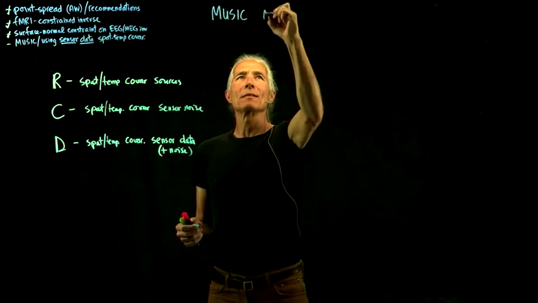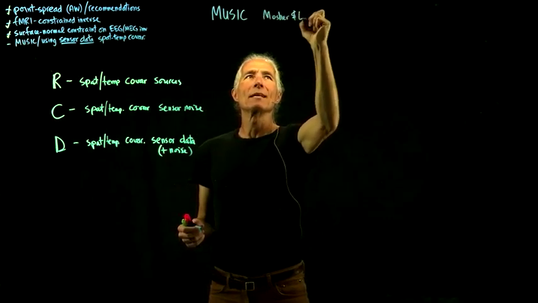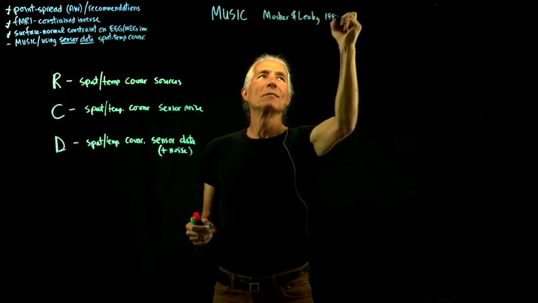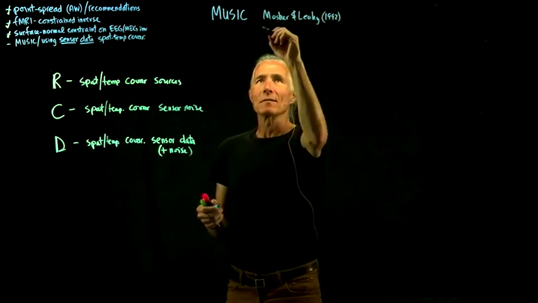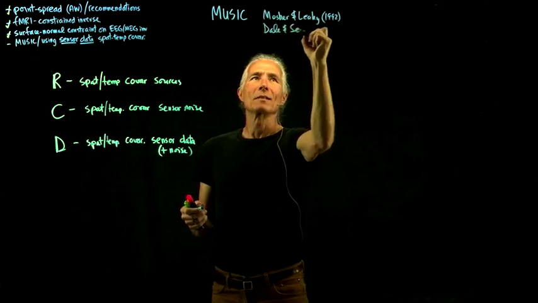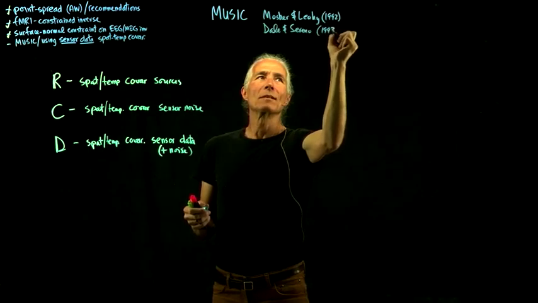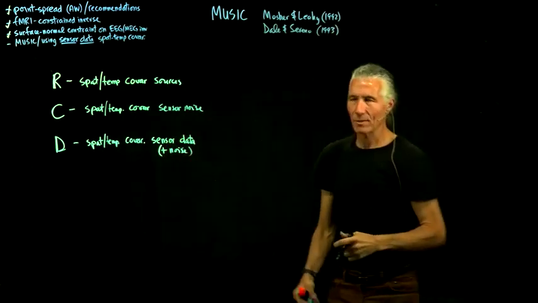That was the original paper by Mosher and Leahy, Patrick Leahy, 1992. And then there's a paper by Dale and Sereno in 1993 to apply that to the cortical surface.